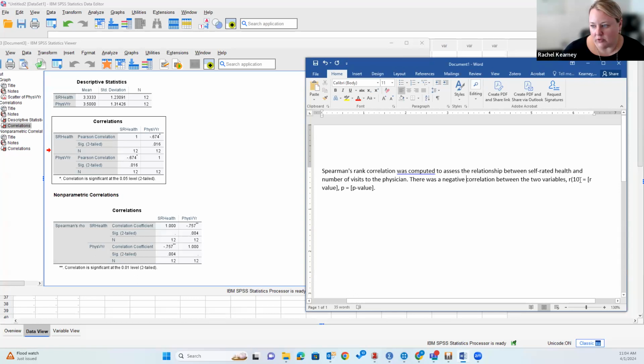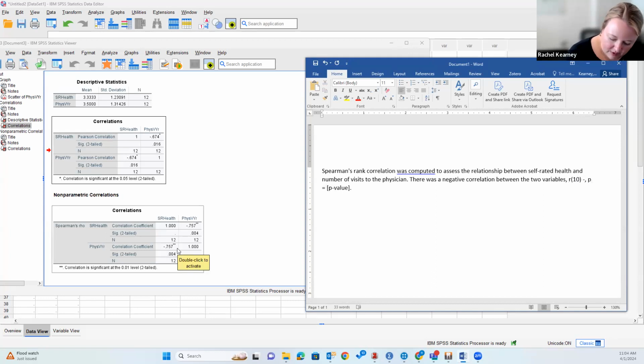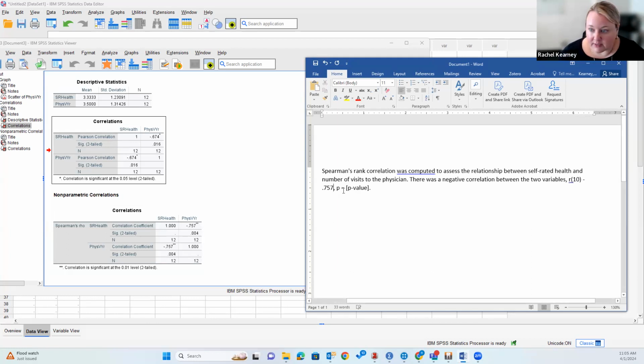Our R equals, and in this box is degrees of freedom, which you calculate by how many were in your sample minus 2 variables. So n equals, and then you put in the R value, which for this Spearman is negative 0.757. And the P value for this Spearman is P equals 0.004. That's how you would write up the result.